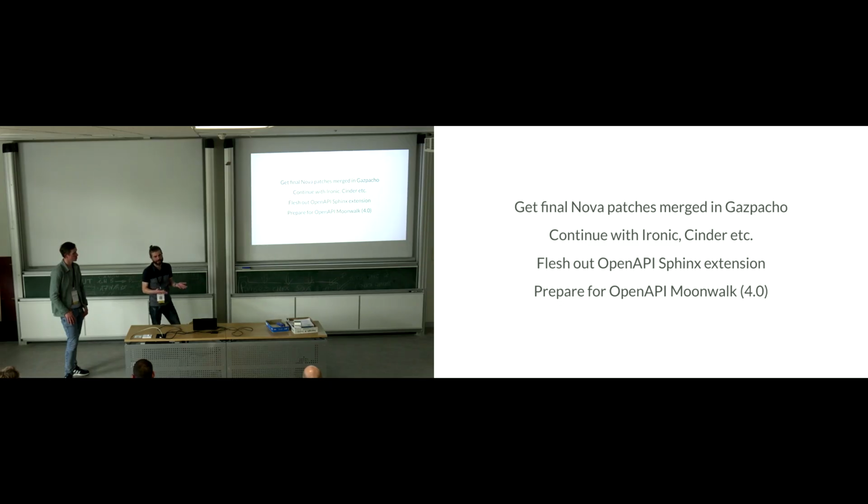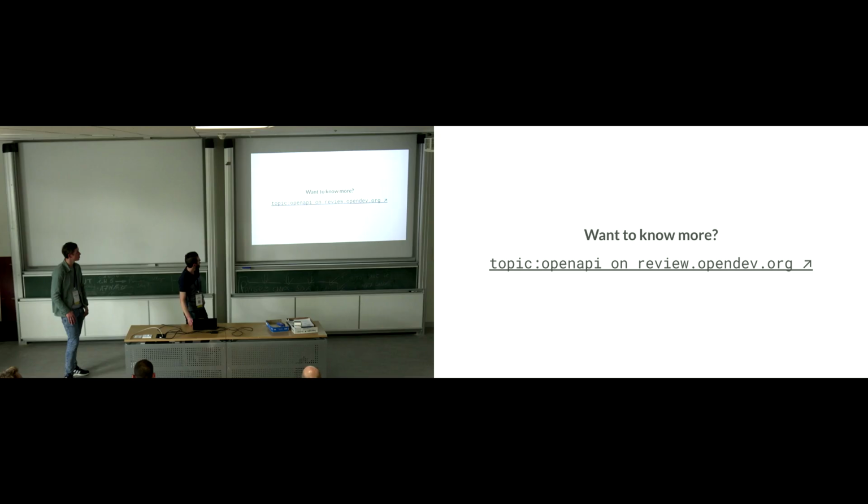The problem at the moment is where to capture the doc strings for the services, where to keep descriptions, which needs a little bit of coordination work across services. Yeah, we continue working with the Ironic team, with the Cinder team, trying to get them onboarded with regard to schemas.